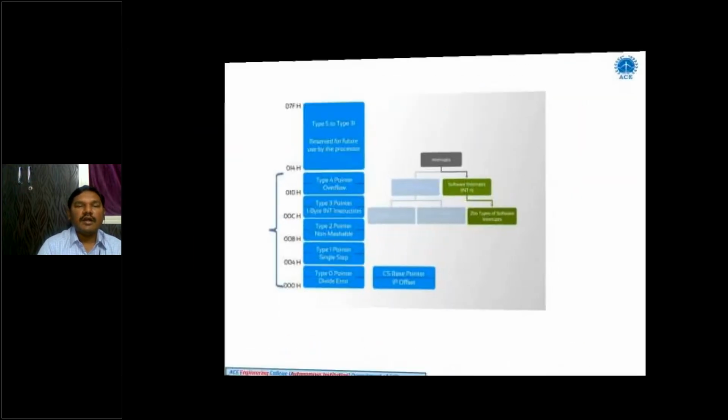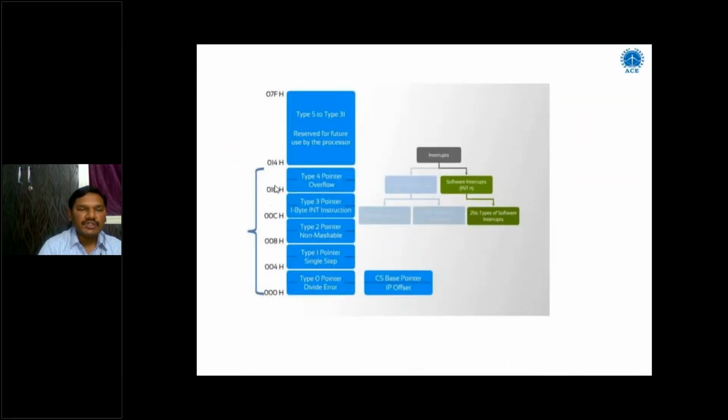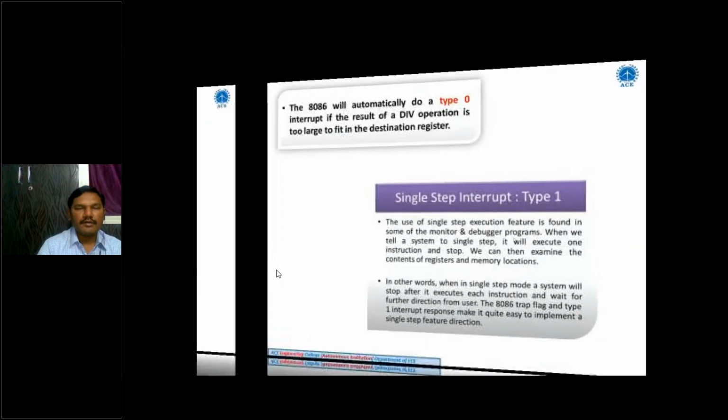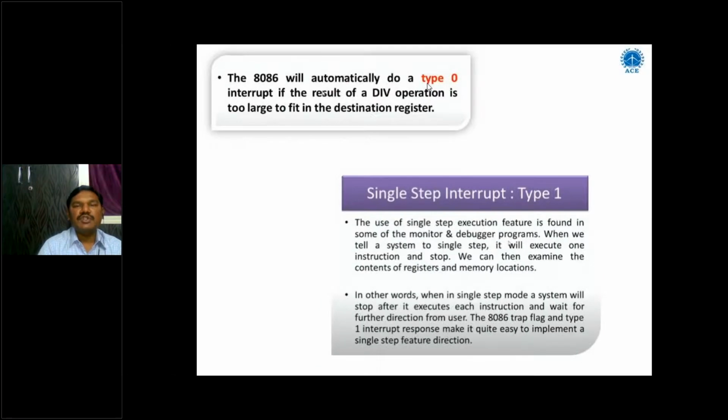So here I have given software interrupts 00 to 0FH, which are called the dedicated interrupts. So what is the type 0 or int 0 interrupt? Type 0 is called the divide by 0 error.